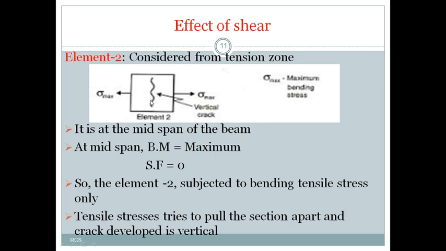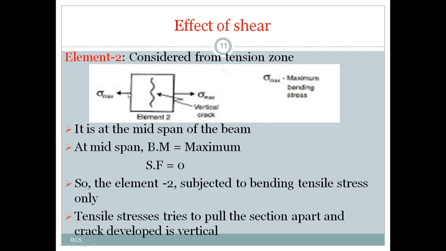So this part of the element will move in this direction, this part of the beam element will move in this direction. Because of those tensile stresses, there may be a chance of a crack, or a crack should occur. This crack will definitely be vertical, because the same amount of forces are acting.